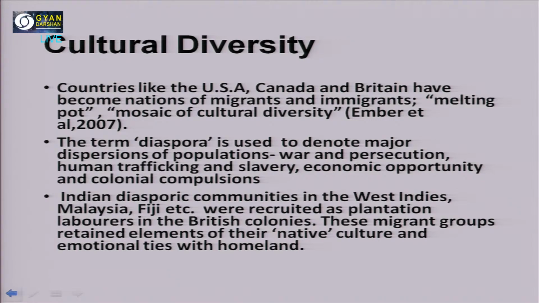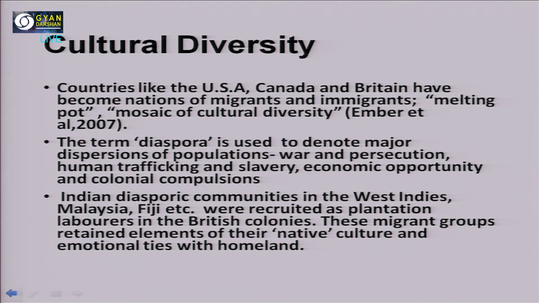And we find that Indian diasporic communities are a very interesting site for study and analysis of culture. For instance, communities in the West Indies, Malaysia, Fiji, etc., were recruited as plantation laborers in the British colonies. These migrant groups retained elements of their native culture and their emotional ties with the homeland.